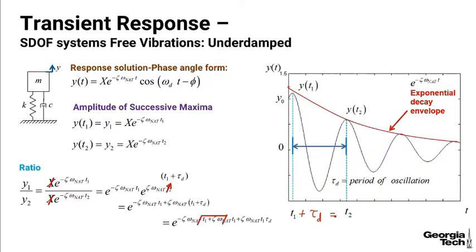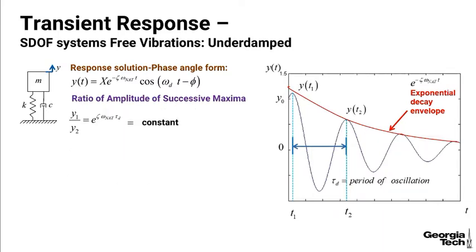And we can see that the minus zeta omega natural t1 and the plus zeta omega natural t1 cancel out. And I'm left with the ratio of y1 over y2 equal to e to the zeta omega natural tau sub d. And we know that zeta is a constant, omega natural is a constant, and the damped period of oscillation is a constant. And so that value is entirely a constant.